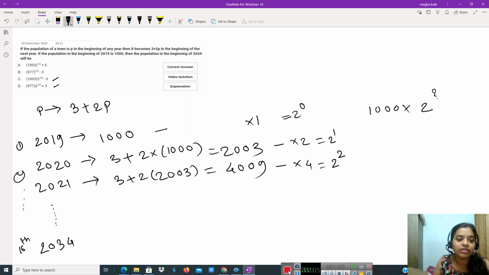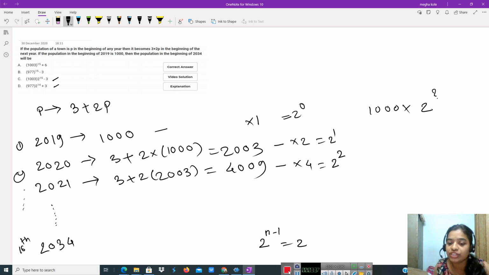If you check, for the first year it is rising in 2 raised to the power 0, in the second year it is 2 raised to the power 1, in the third year it is 2 raised to the power 2. So in the nth year, it will be 2 raised to the power n minus 1.